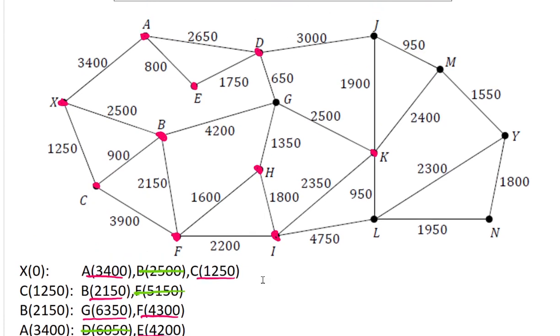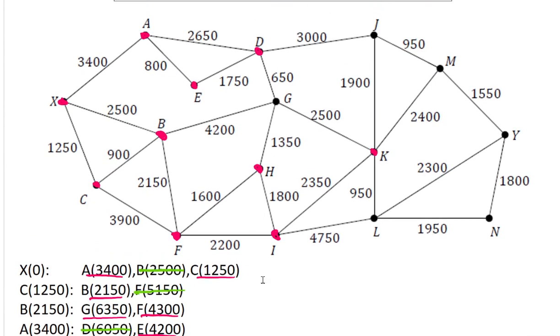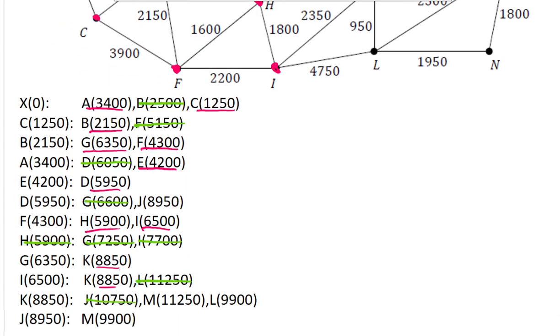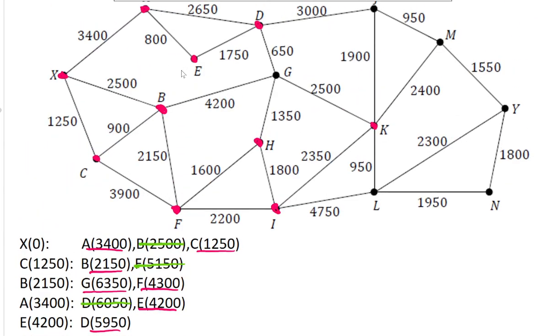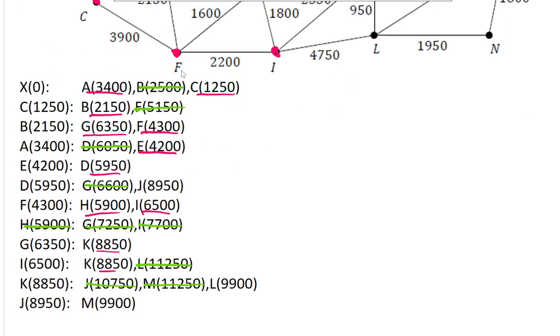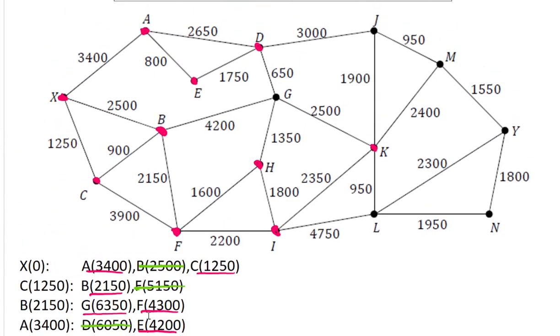So add 950 to go to M, because the K is already gone, so that gets you M at 9900. That's it, and what that does is take that M 11250 out of the equation altogether. But we'll have to figure that one out in a second because it is confusing. So J is done.